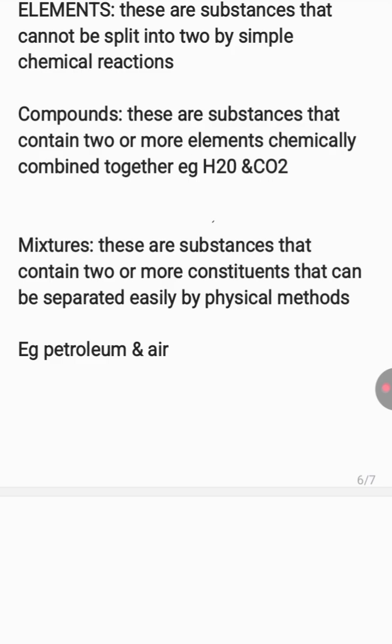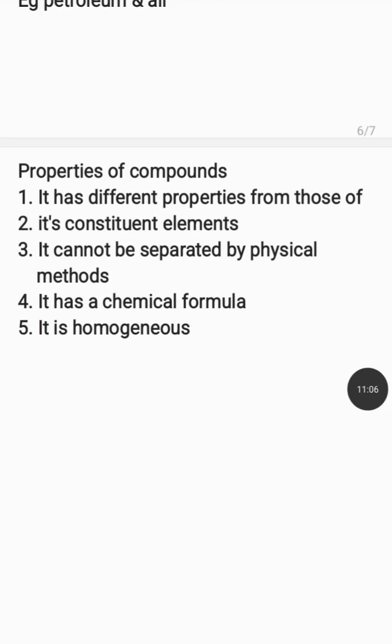Now we move on to the properties of compounds. 1. A compound has different properties from those of its constituent elements.